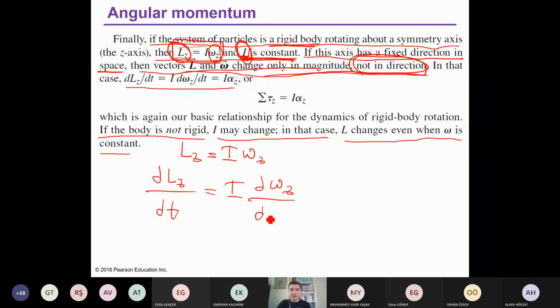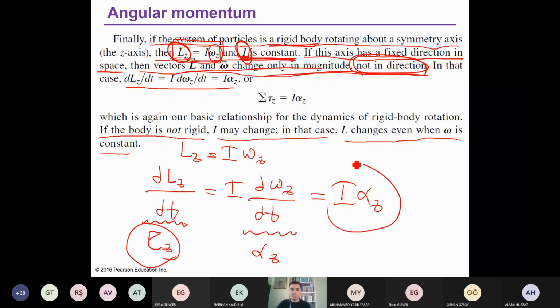Then I can write this one, I times alpha z, right? What is this? The time rate of change in the angular momentum. This is the torque, okay? Then on the left side, I have torque. On the right side, I have this expression. And do you remember this formula? So we have this one.